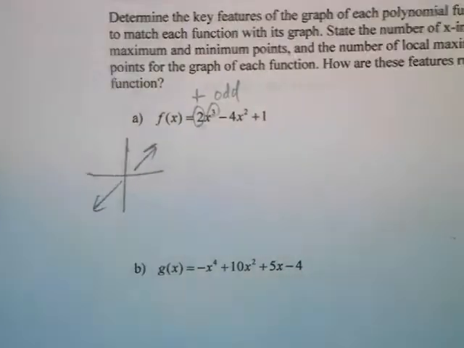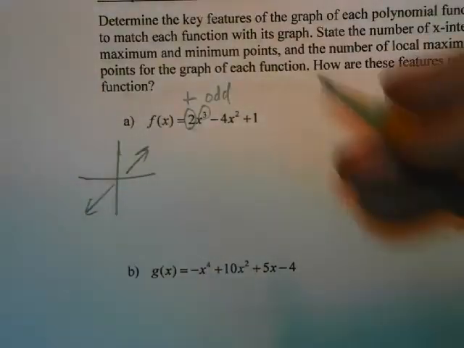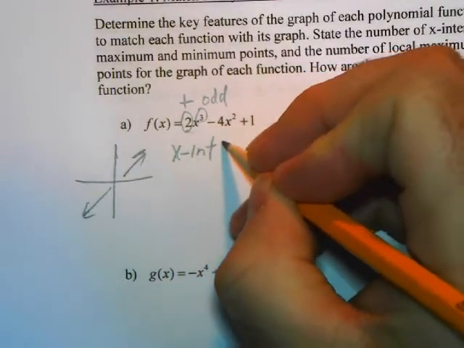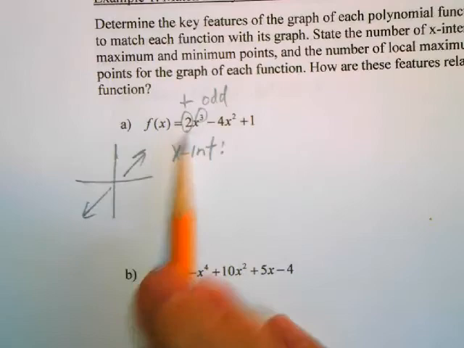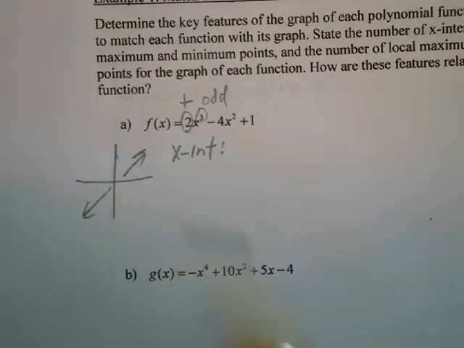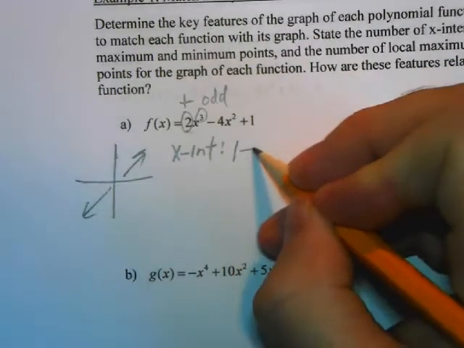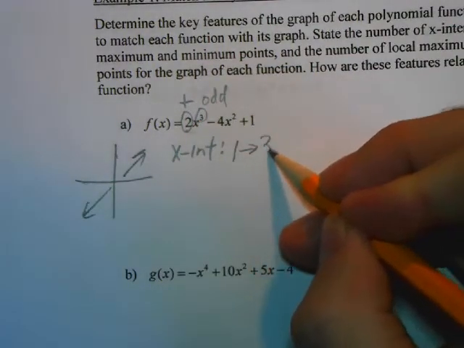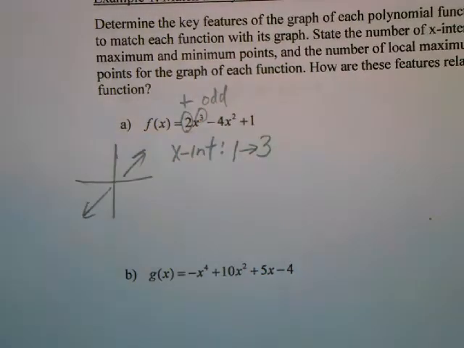We also know a couple other things. We know something about the x-intercepts. Remember, when it's odd degree, it has to have at least one, and the maximum will be the degree, so somewhere between 1 and 3. Okay, the turning points.